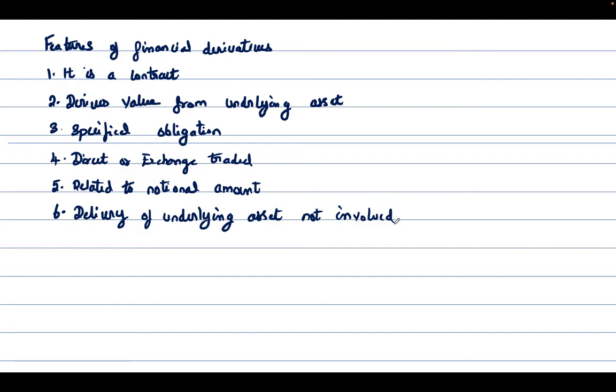Usually in derivatives trading, making of delivery of underlying asset is not involved. Rather, underlying transactions are mostly settled by taking offsetting positions in the derivatives themselves. So there is therefore no effective limit of quantity of contracts which can be traded in respect of underlying asset.